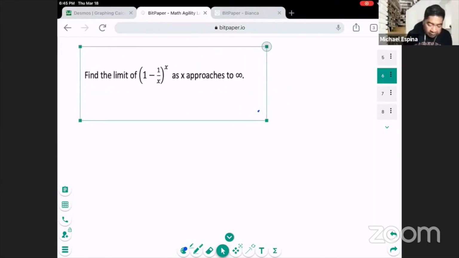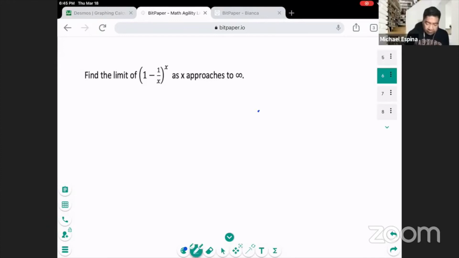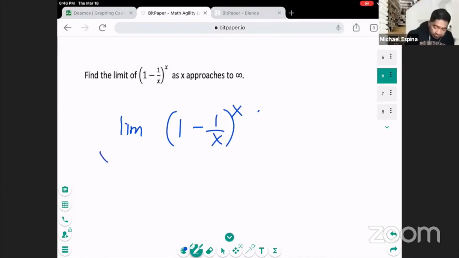His question is, find the limit of 1 minus 1 over x raised to the x as x approaches infinity. So this is a limit question and that's part of calculus. So let's put it in symbols. So limit of 1 minus 1 over x raised to the x, and then as x approaches infinity.